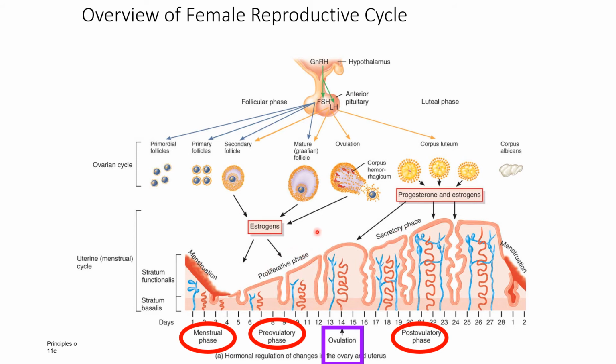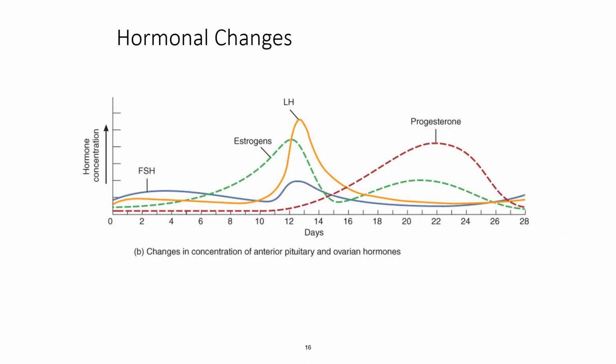So let's take a look at what's happening at the end of the follicular phase when ovulation will be coming up. Ovulation will be driven by two hormonal changes. At first is an increased production of estrogen. Here you see follicle stimulating hormone stimulating the growth of the follicles, and those growing follicles will start producing larger and larger amounts of estrogens.